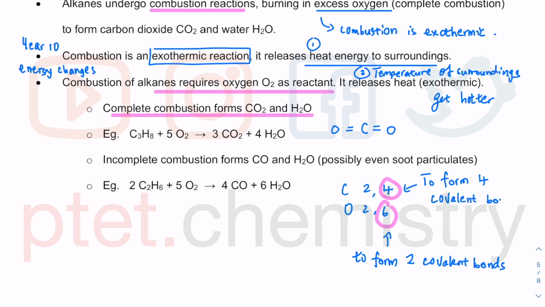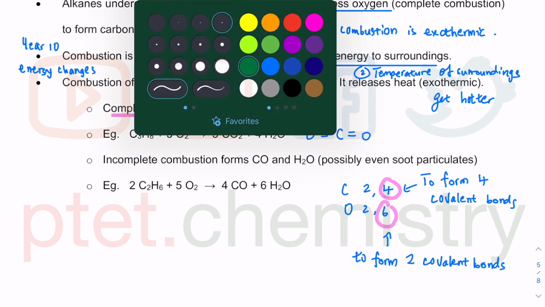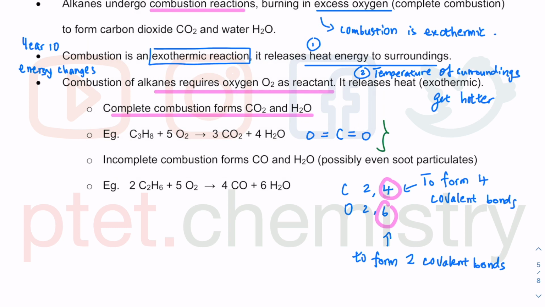As you could see from the diagram above, these are display formula, show all the atoms and all the bonds. Questions, however, love to ask you on dot and cross. Dot and cross is from year 9 covalent bonding vocabulary. The carbon with 4 electrons in the outer shell, they share 2 electrons with the oxygen. So I'm going to use 2 of the dots from the oxygen.